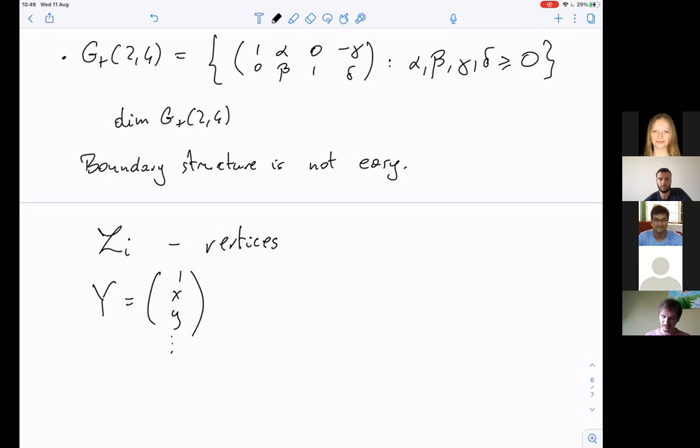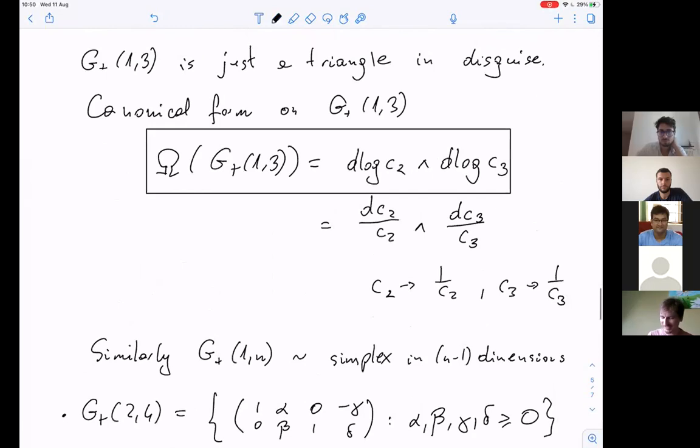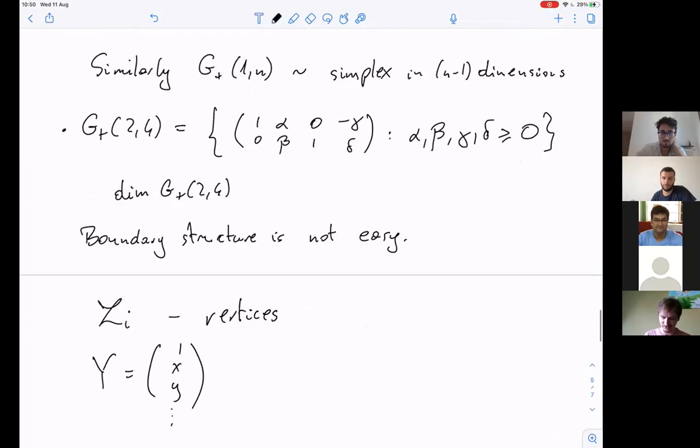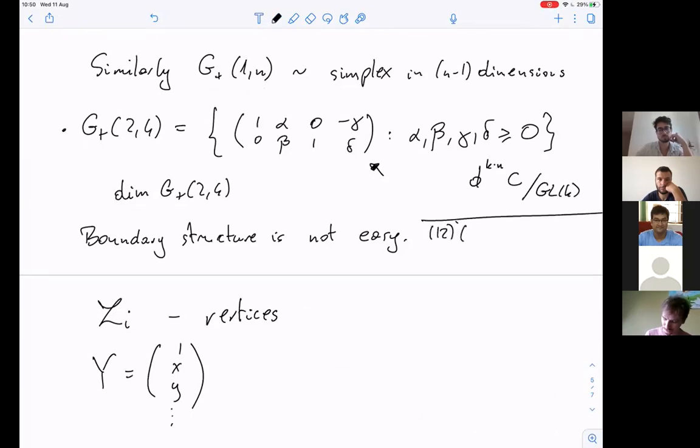Is it possible to write it in a form with brackets? No, because there are no brackets of... I'm sorry. It is possible with brackets. Yes. Let me just do that. So in this case, for example, G plus 2, 4, the form will look like d^(k times n) C modulo GL_k divided by (1 2)(2 3)(3 4)(4 1).